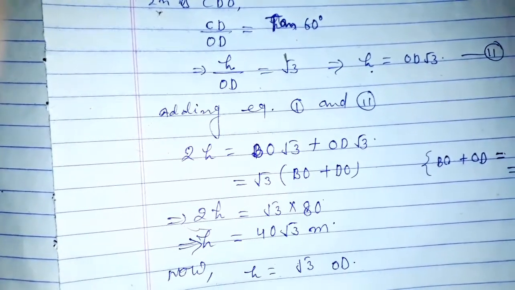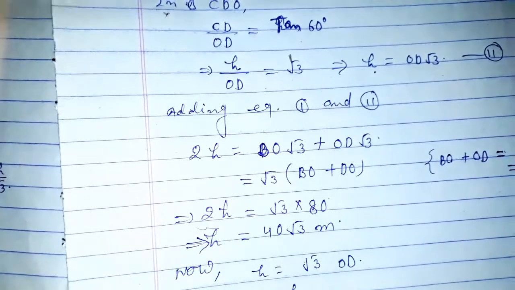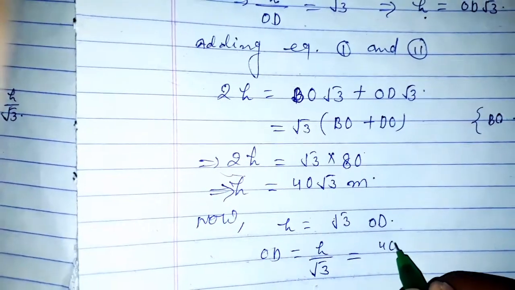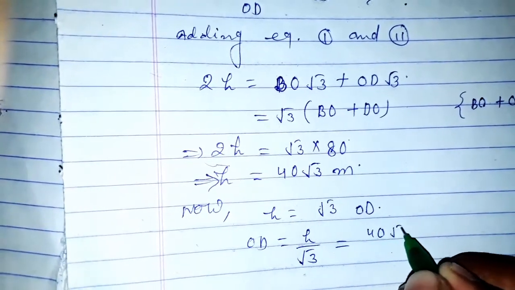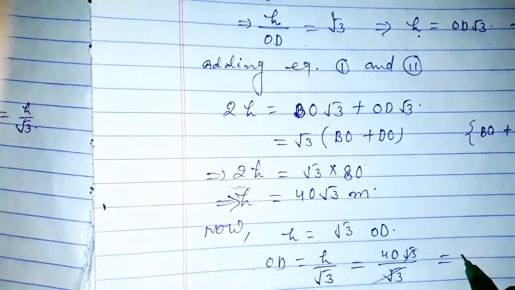So OD is equal to h upon root 3. What is h? H is 40 root 3, so 40 root 3 upon root 3 cancels out, this is 40.